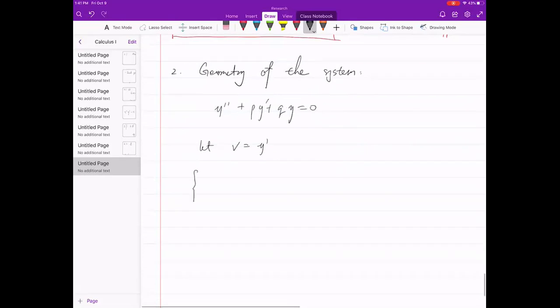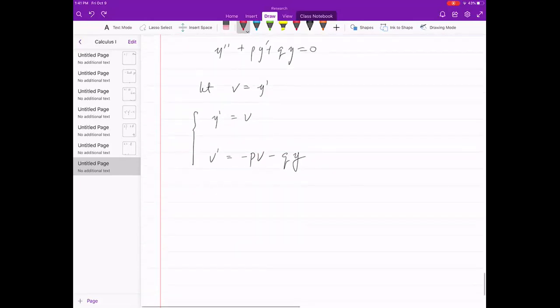Then Y prime equals V, and V prime, which is Y prime prime, equals negative P V minus Q Y. Here V is just Y prime. You can go ahead and try to find the equilibrium point. You can go ahead and try to plot the direction field.